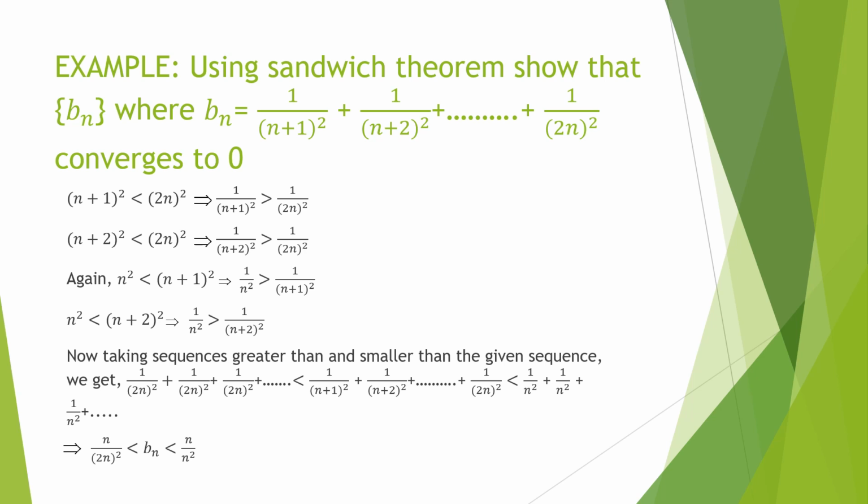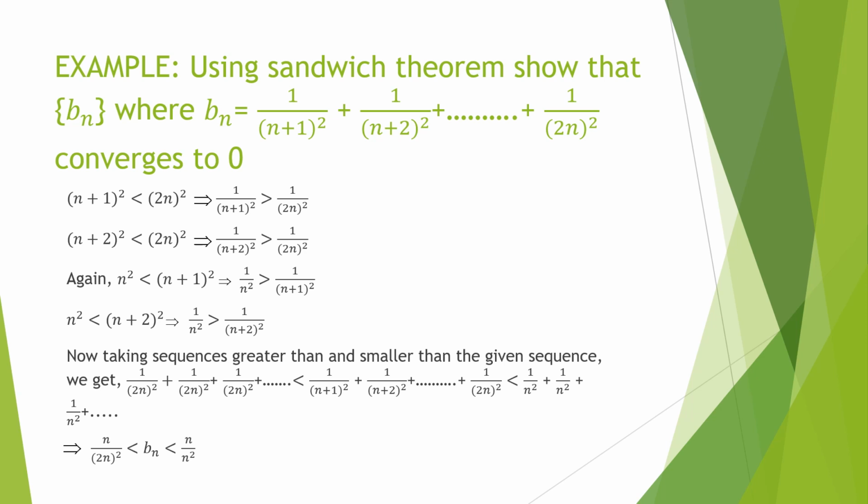Now taking sequences greater than and smaller than this given sequence, we get 1/(n(2n))² + 1/(n(2n))² + 1/(n(2n))² up to n terms is less than 1/(n(n+1))² + 1/(n(n+2))² + ... up to 1/(n(2n))², which is less than 1/n² + 1/n² + 1/n² up to n terms.